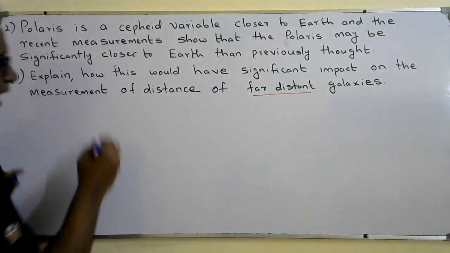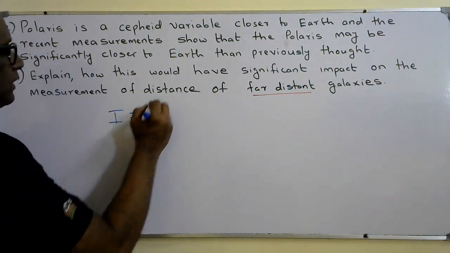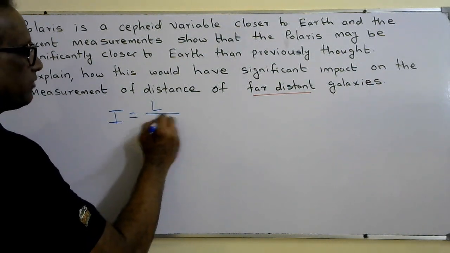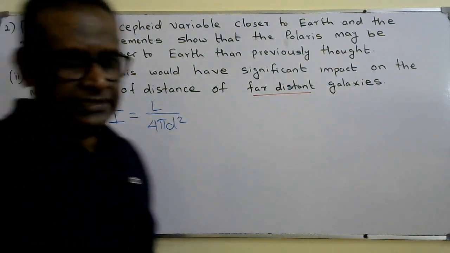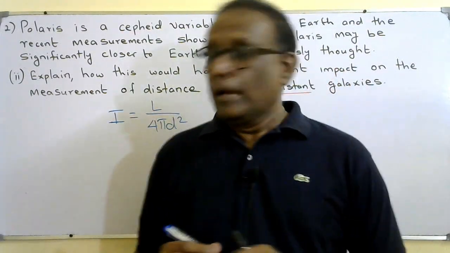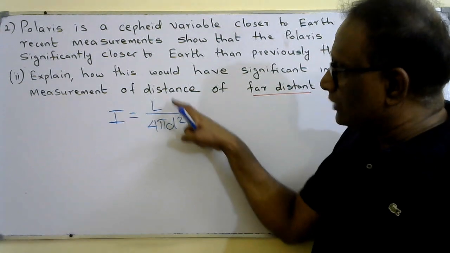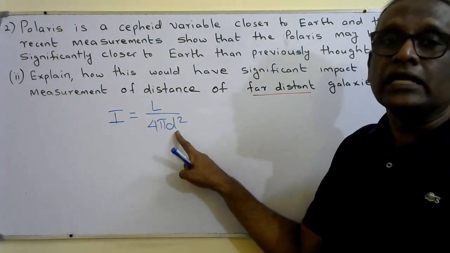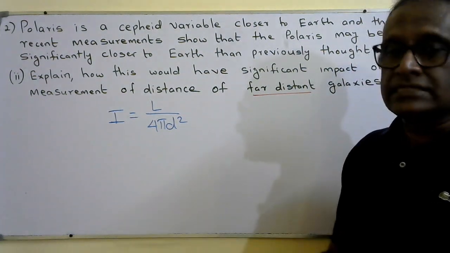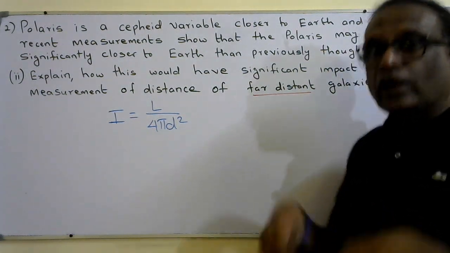So if I use I equals L over 4 pi d squared, the measurement of I has no change. It's perfectly accurate. But L has dropped now. L has dropped means d will drop. The distance will be lower than what we thought earlier.